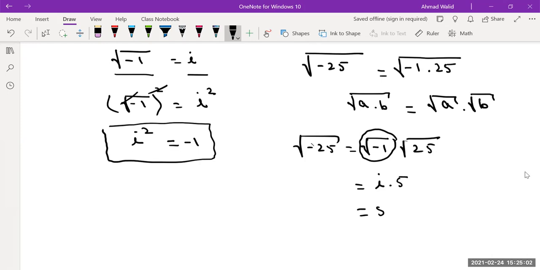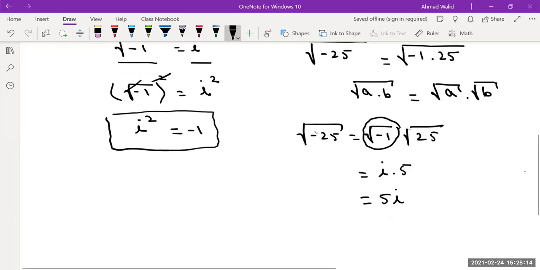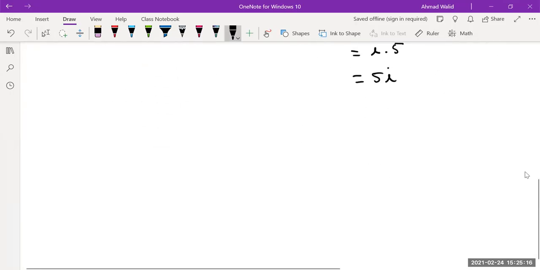Then my answer is 5i. Here I show you all the process, right? Why the square root of negative 25 is 5i. But in other problems that you see somewhere, like the square root of negative 64, you don't need to follow all those steps. What is the square root of 64? 8. And because it's negative, you just put an i.